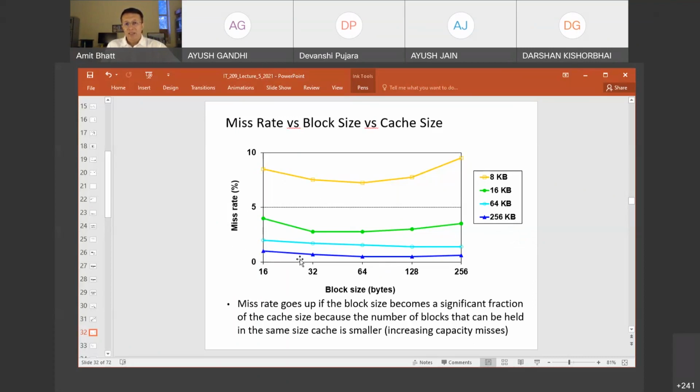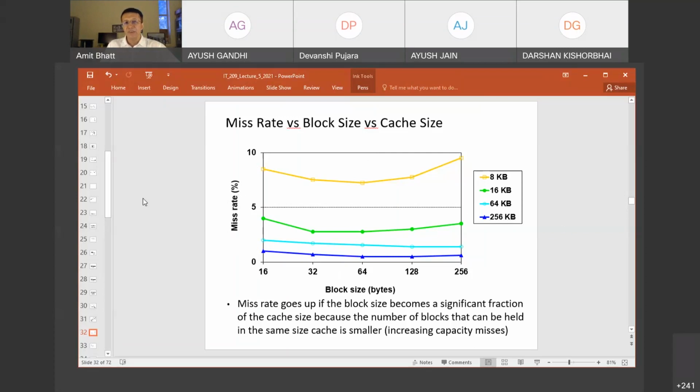So yes, a very large cache would definitely reduce your miss rate to a very low number. But your hit time or access time is going to increase. So at some point, you'll also put an upper limit on the size of the cache. You say, okay, a very large cache will definitely give me a lower miss rate, but it will not give me a good enough access time.